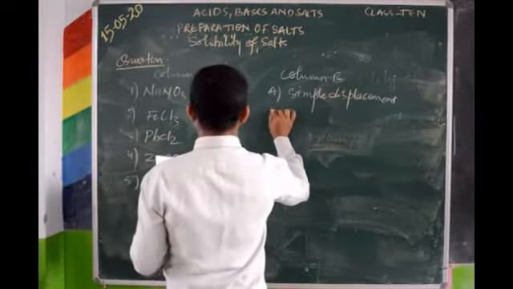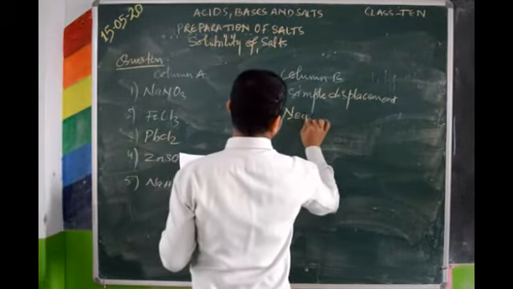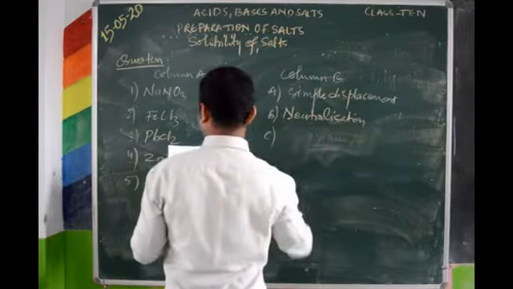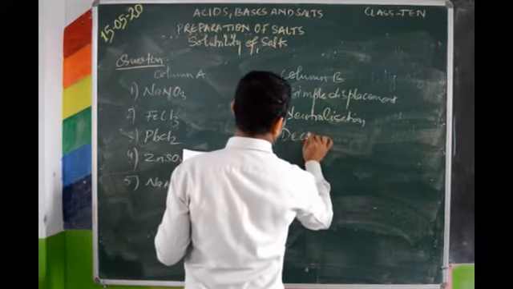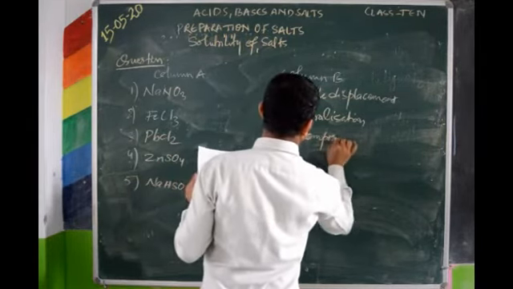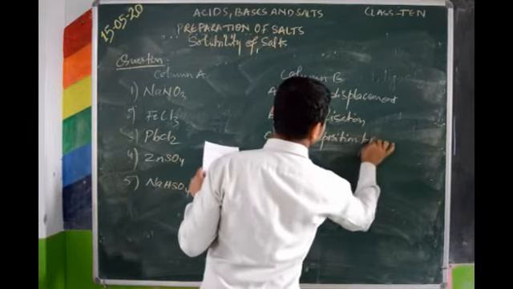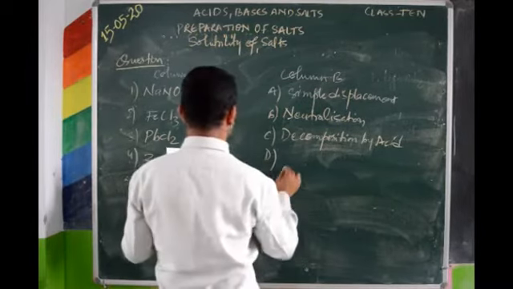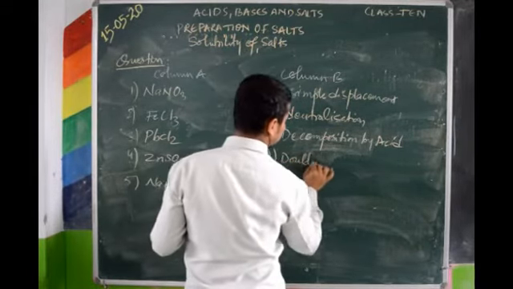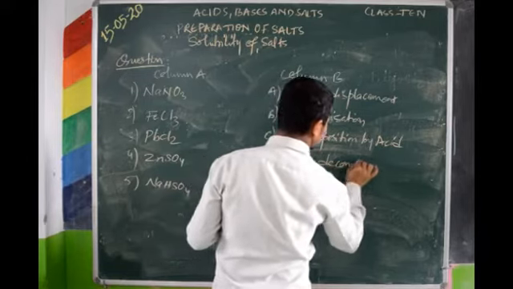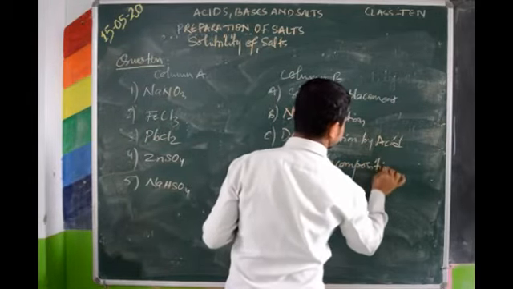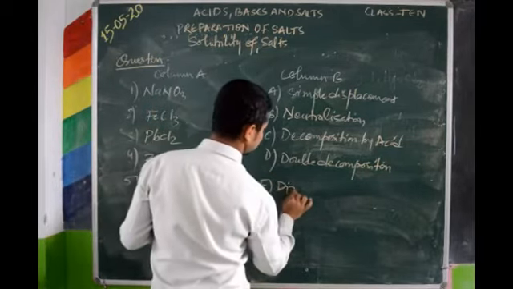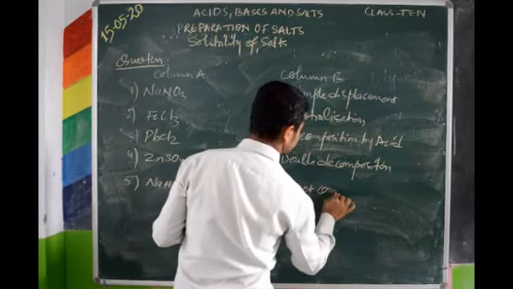So in column B: A, simple displacement; B, neutralization; C, decomposition by acid; D, double decomposition or precipitation; E, direct synthesis, direct combination.